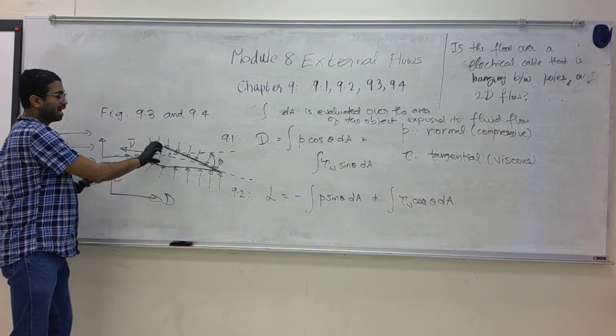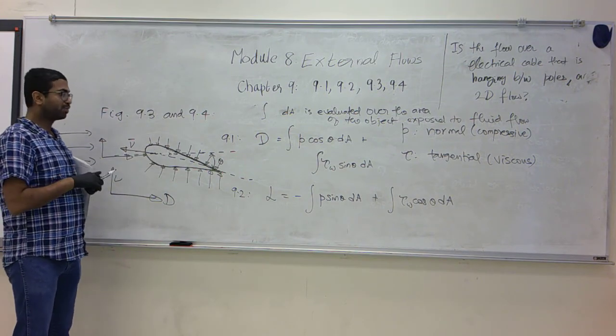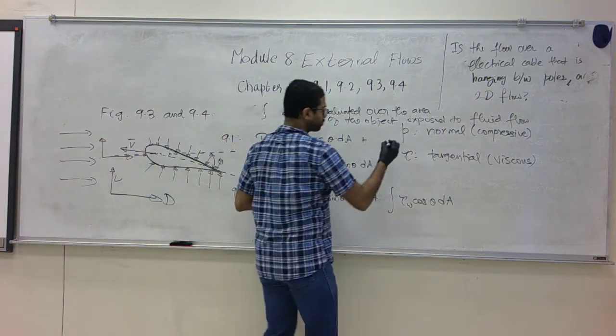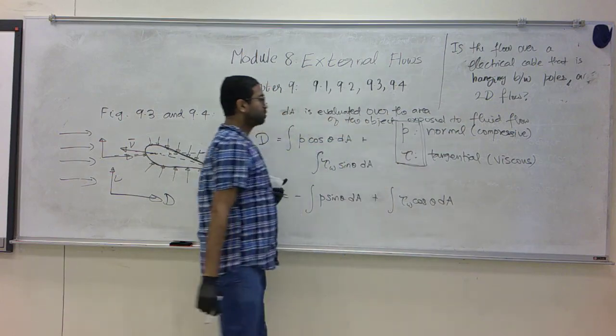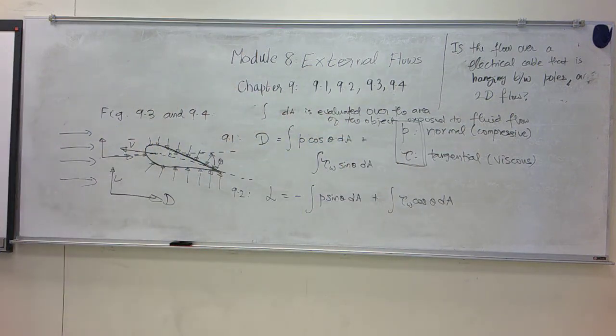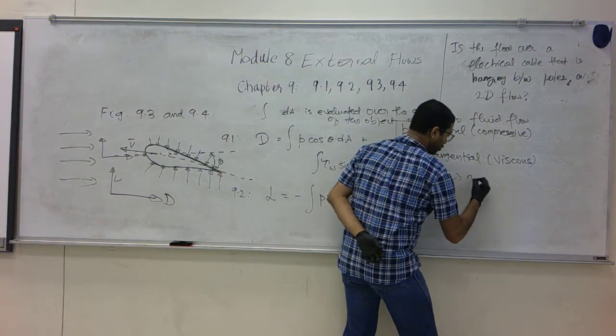If this wing has a finite length, you would consider this to be a 3D flow. Ultimately, these two quantities, pressure distribution and shear stress distribution, they have to be known.